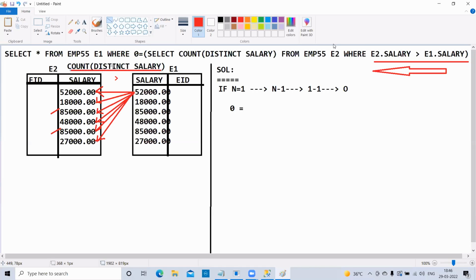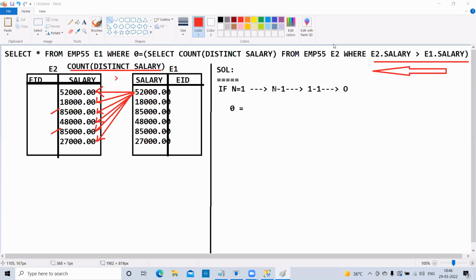Distinct keyword means your duplicates are counting or not counting. Yes, so duplicates are not counted here.